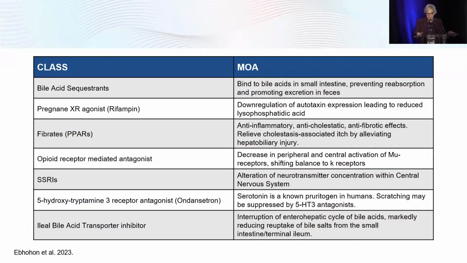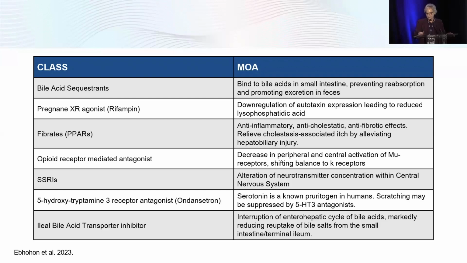So these are the various classes of frequently prescribed medications for the treatment of pruritus. Not any of them approved by the FDA except for cholestyramine for itching in cholestasis, and their mechanism of action. So you can see where they hit various targets.